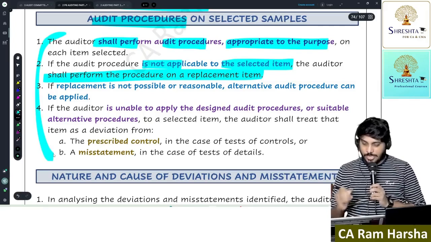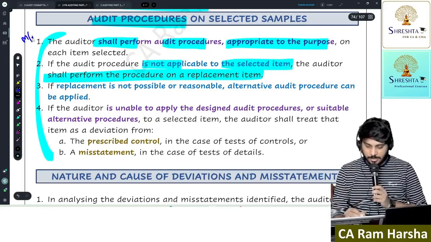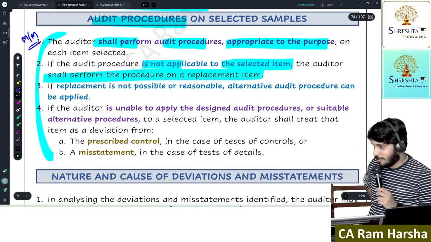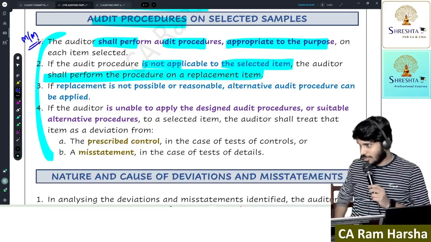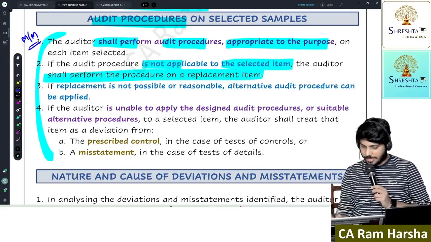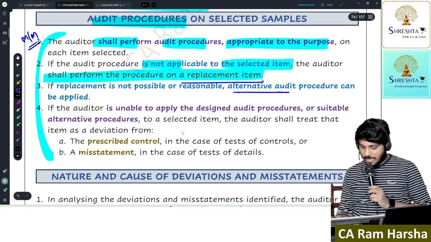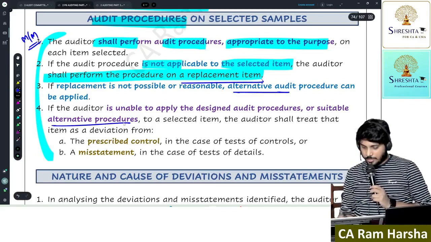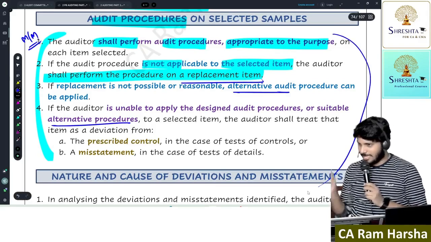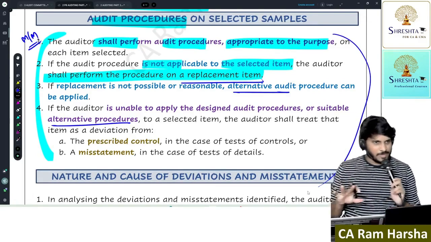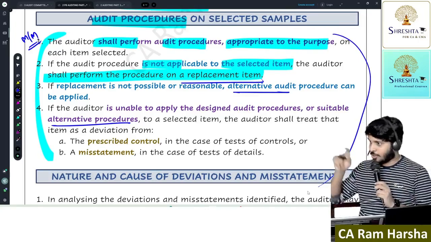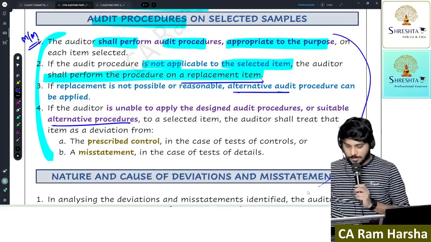For this, what I suggest is better read the main material here. My main material is there, better read that. We have given examples also clearly. What is replacement item? If replacement is possible, what is alternative procedure? Unable to apply suitable alternative procedure. All this is a little bit bigger discussion, cannot be covered in revision. Verify from the main book, you will understand better after all this.